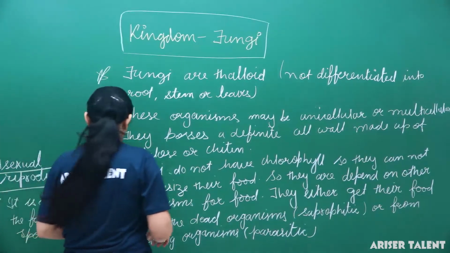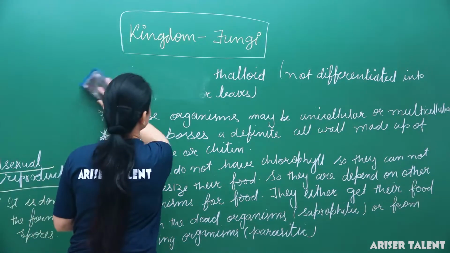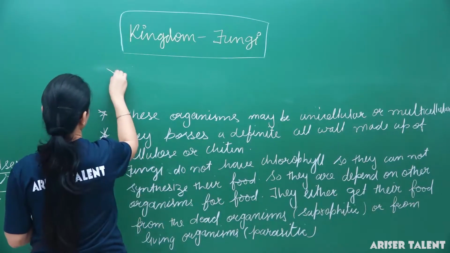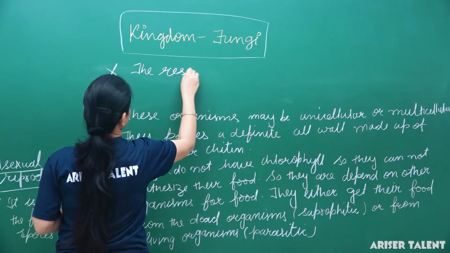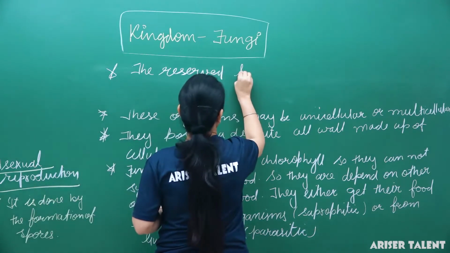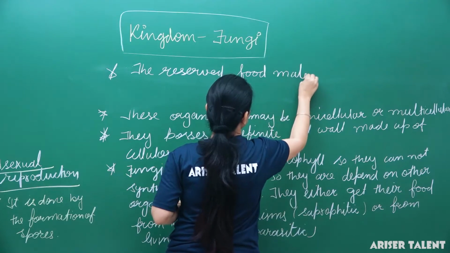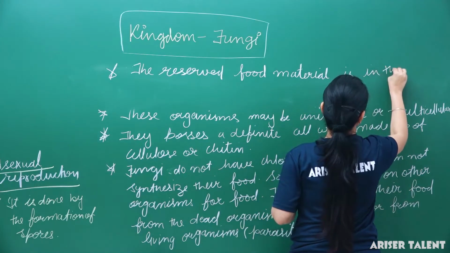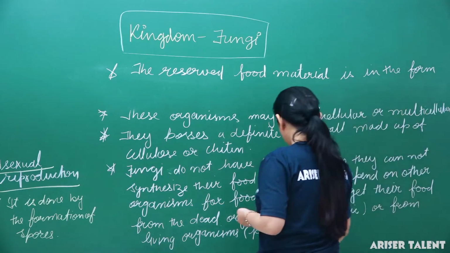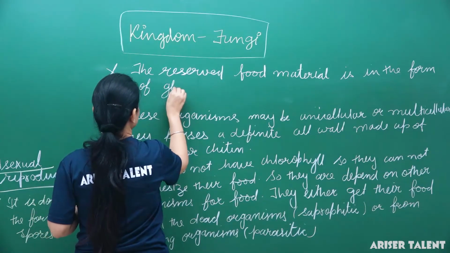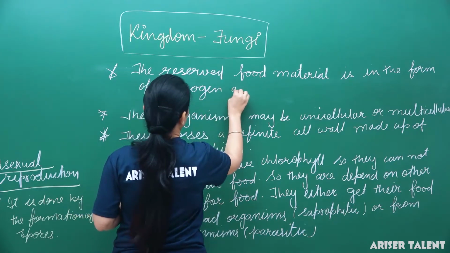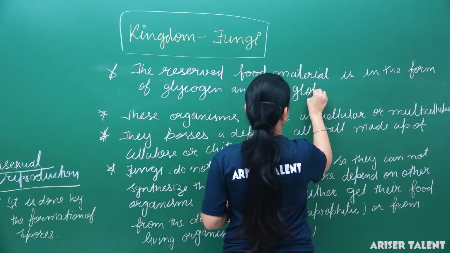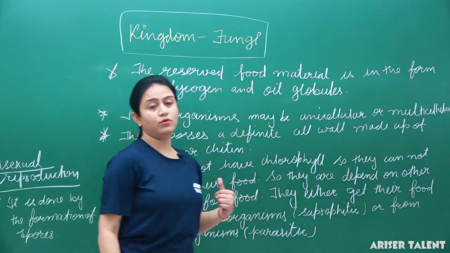Let me mention here the reserve food material in the fungi: the reserve food material is in the form of glycogen and oil globules. Okay, so this is all about the fungi.